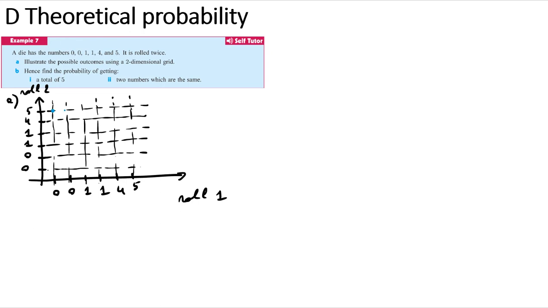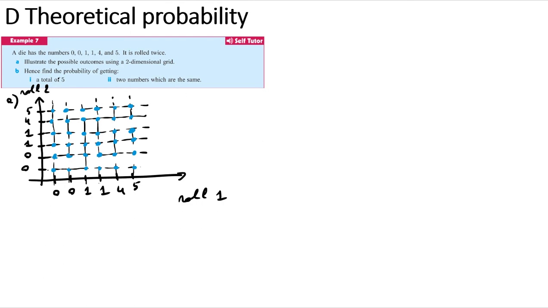So those are the possible outcomes, the blue points that I'm drawing now. Okay, and this is the answer to A.